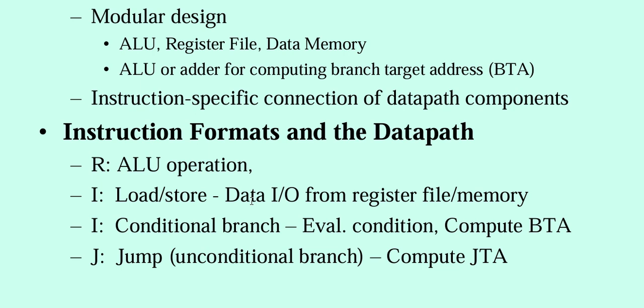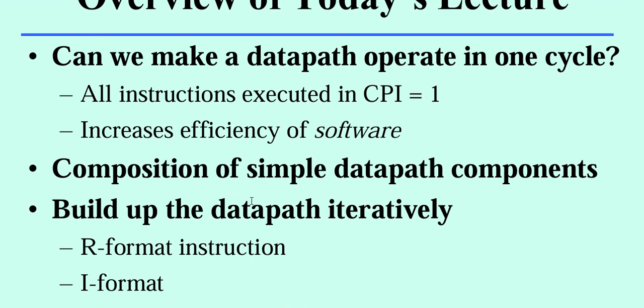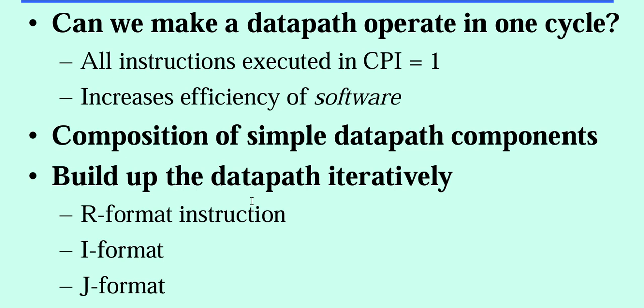For R type it is one thing, for I type such as load and store it is a bit different, conditional branch is also different, and J type is also different, where we compute the jump target address. Maybe we'll do a separate video on that, but for now, let's dive straight into the single cycle data path. So today we are going to look at the single cycle data path.